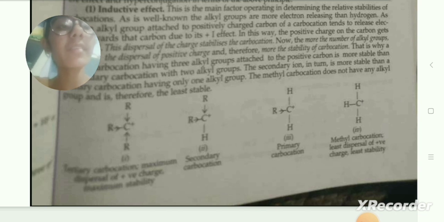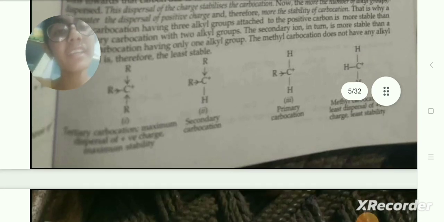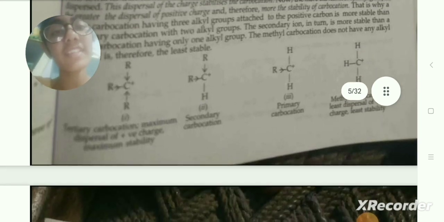The methyl carbocation has the least dispersal of positive charge and the least stability, and the tertiary carbocation has the maximum dispersal of positive charge and the maximum stability. It is quite evident that the presence of electron-withdrawing groups, with a negative inductive effect, destabilizes the carbocation by intensifying the positive charge on carbon.